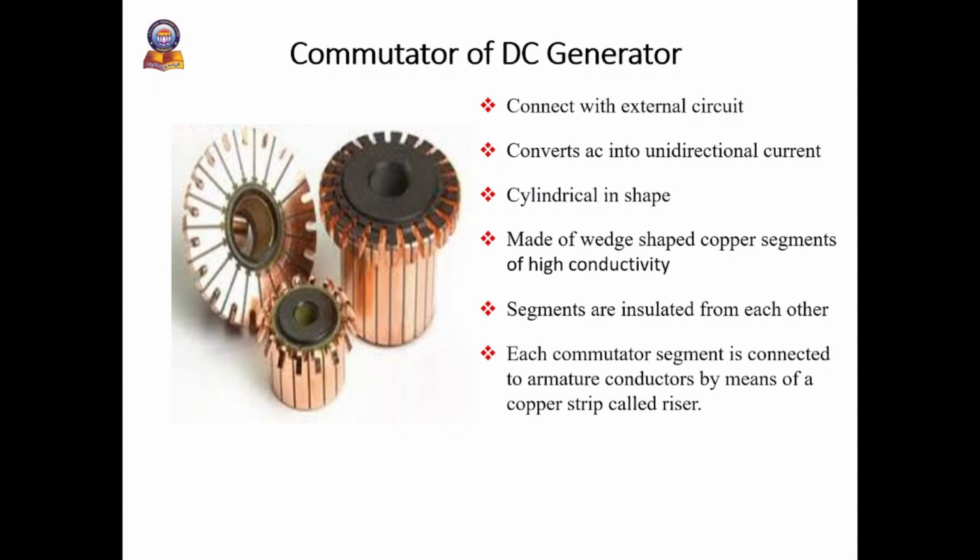The structure of the commutator is cylindrical and it is made up of wedge-shaped commutator segments of high conductivity, and if you see, the segments are insulated from each other. Each commutator segment is connected to the armature by means of a copper strip or copper lug. It can also be called a riser.